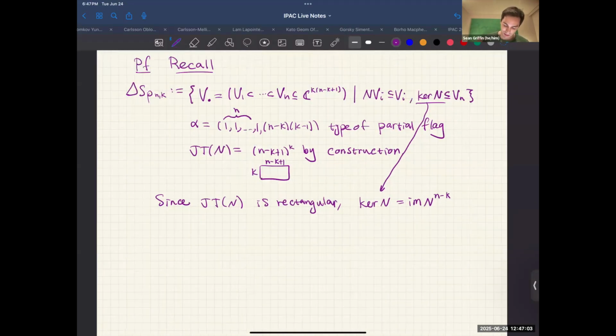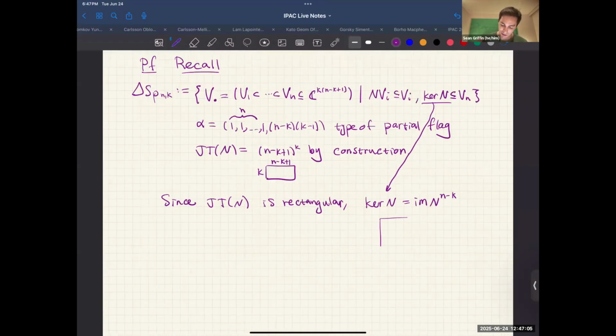If you want to think of this visually in terms of vectors, previously I defined this nilpotent by putting basis vectors in and then saying, okay, n moves everything to the right. And when you get to the right side of the rectangle, it just goes to 0. So the kernel is the vectors in that rightmost column.